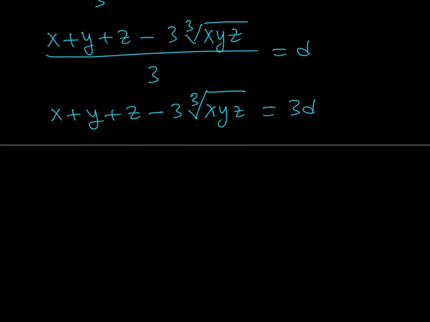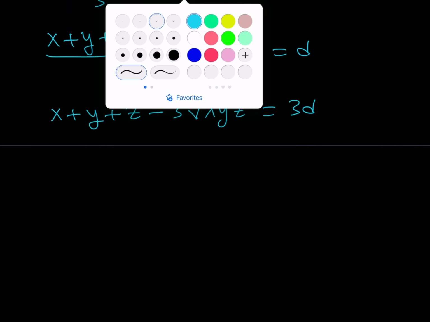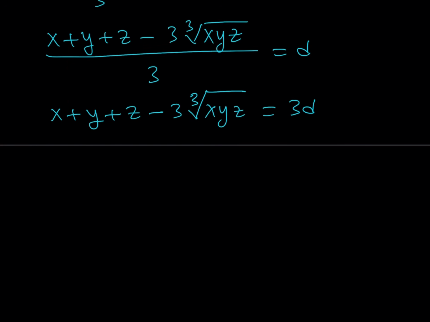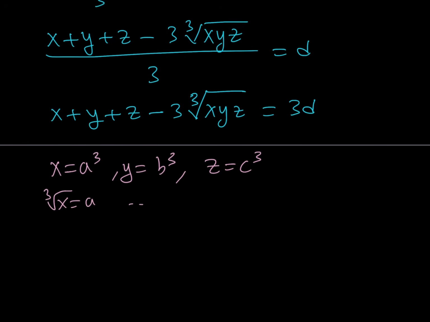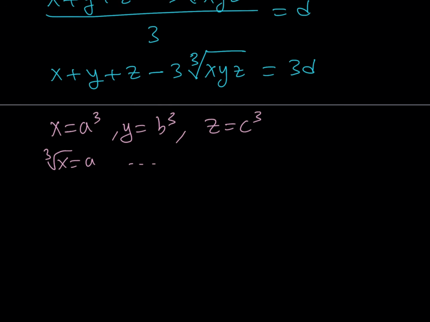I'm going to use one of my favorite methods, which you well know, I think by this time, is substitution. So I'm going to replace x with a cubed, y with b cubed, and z with c cubed. Of course, this implies that the cube root of x is a, and so on and so forth. So we're going to make the replacements.